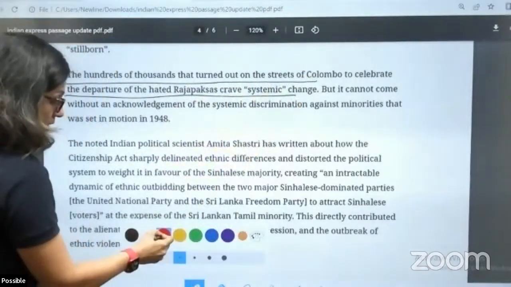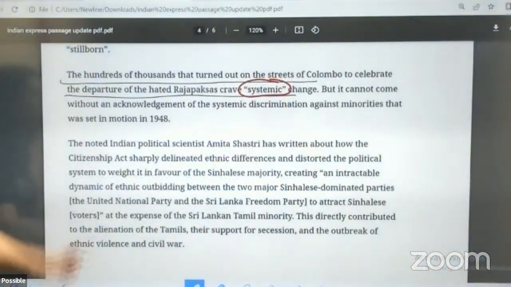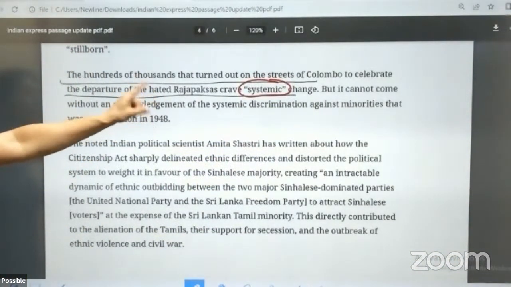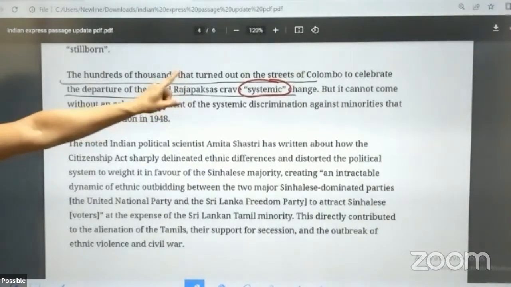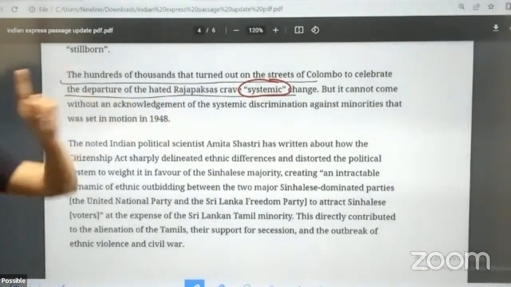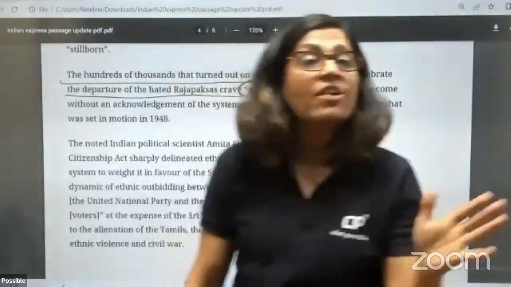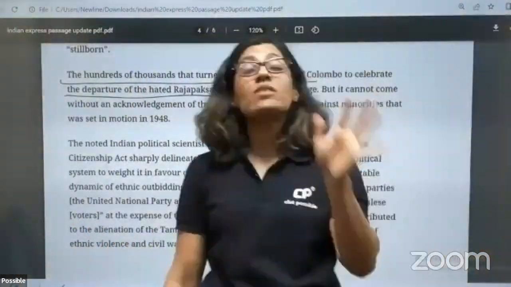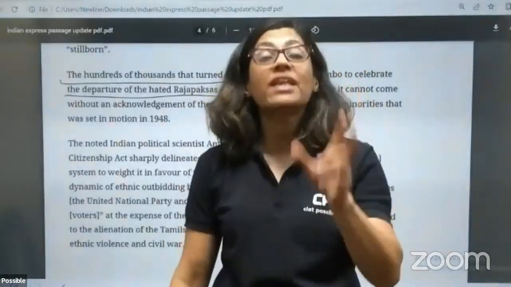Again, the author repeats that those who came on the streets did not just come to remove the Rajapakshas. They came for systemic change. That means the praise of the protesters is not the central theme anymore. The author has moved on to a bigger topic, which is systemic change within Sri Lanka.